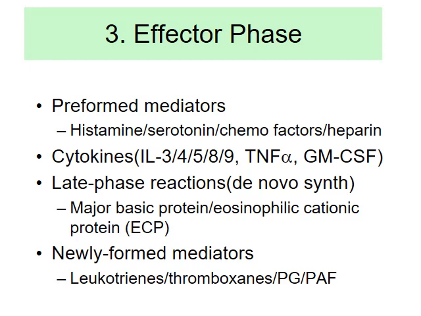Then there is a set of cytokines that are released, 3, 4, 5, 8, 9. These cytokines are released, you need to block them. Or there are 2 more cytokines, TNF-alpha and GM-CSF, you have to block them. But remember that some of the drugs are more effective than others. Then we have late phase reaction, de novo synthesis. This means that they are made later on.